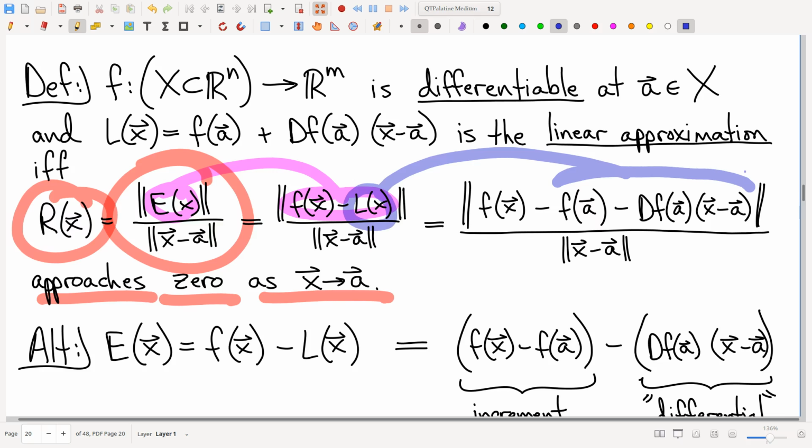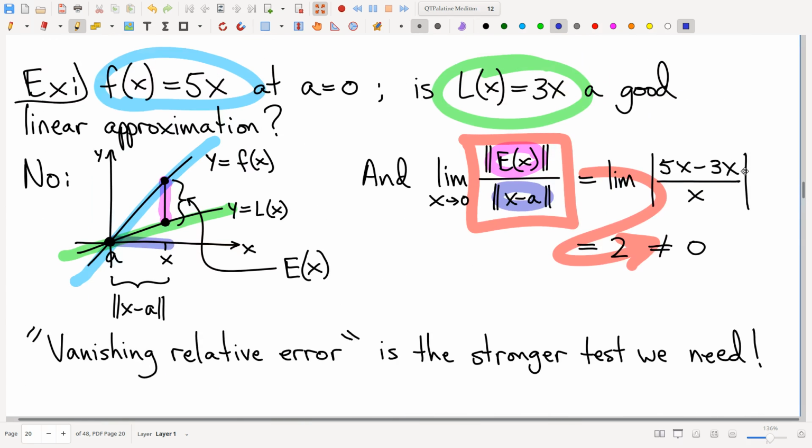So this great big expression over here is just a fleshed out rewrite of the idea of relative error. And when I say that I want this great big fraction to approach 0, that will define what we call differentiability. That's what will define what we mean when we say that this is a good linear approximation. All it's saying is I want to avoid nonsense like this.